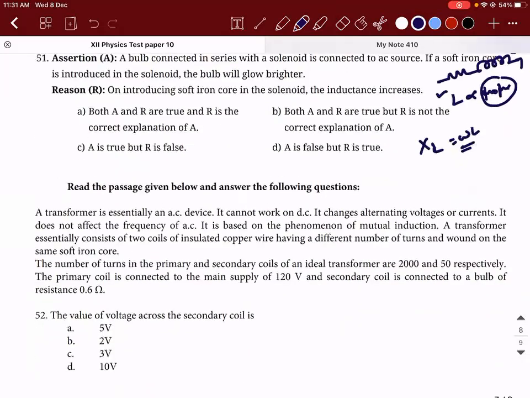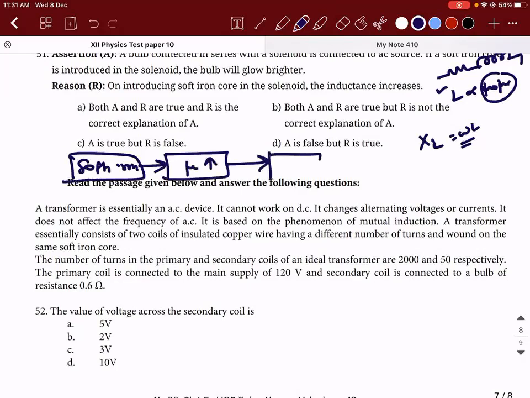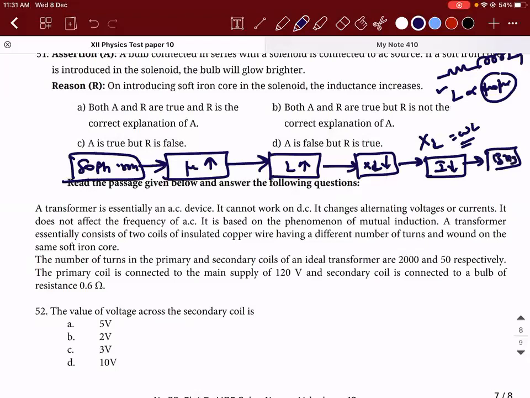So what are the steps? When you insert a soft iron, mu increases. When mu increases, L increases. When L increases, XL increases. When XL increases, current decreases. When current decreases, brightness decreases.